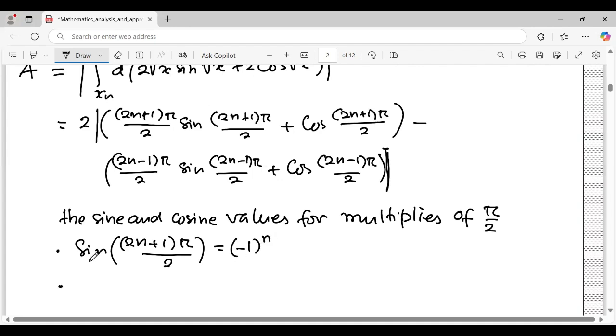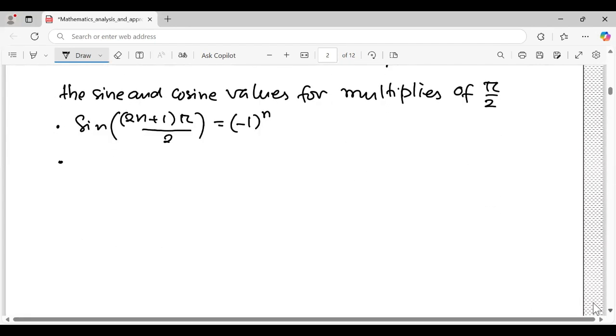The second, we'll scroll down first. Okay, the second, cosine 2n plus 1 times pi half. Okay, the result is 0.